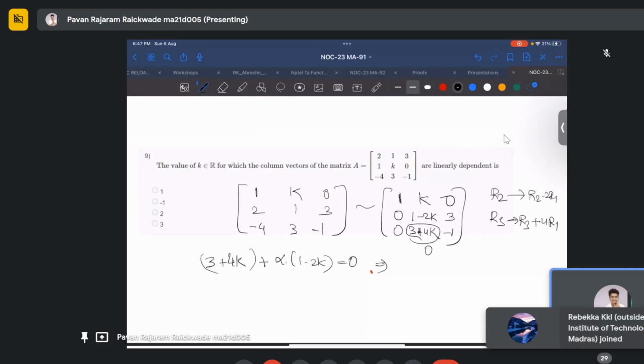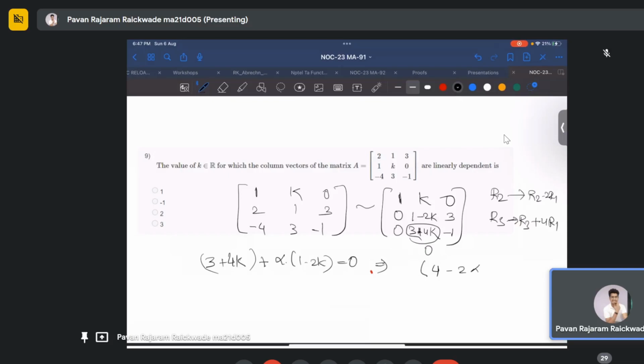What is that alpha? Simply I'll get 3 plus alpha, plus the coefficients of k, 4 minus 2 alpha, times k plus 3 plus alpha has to be 0.